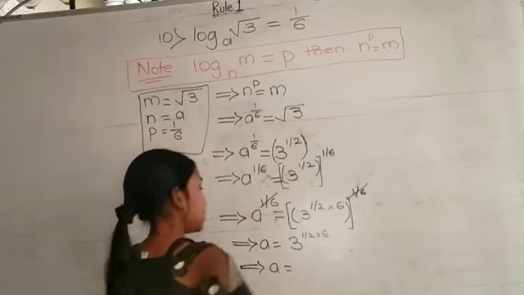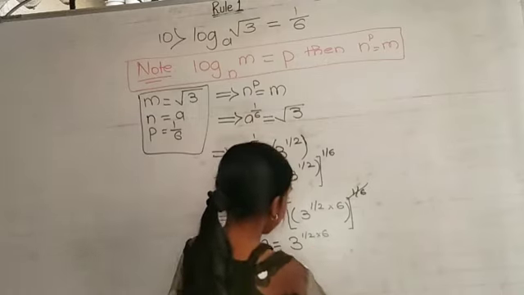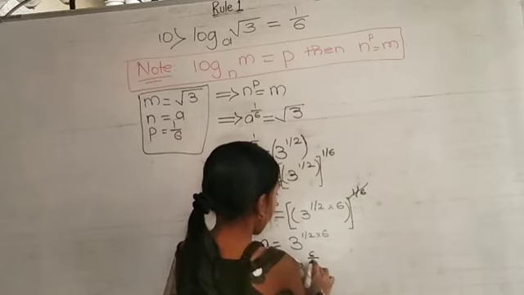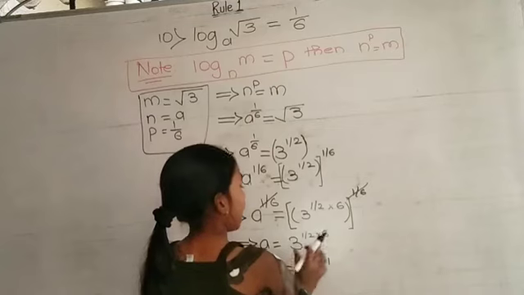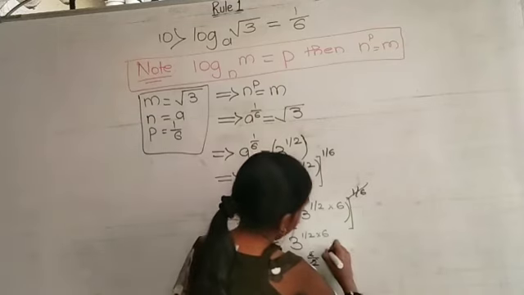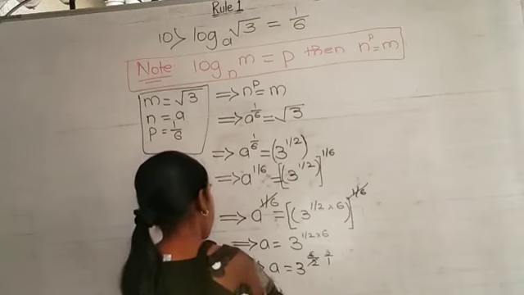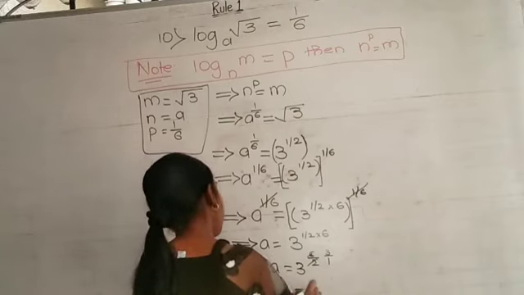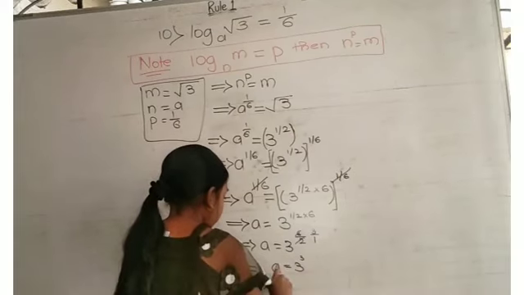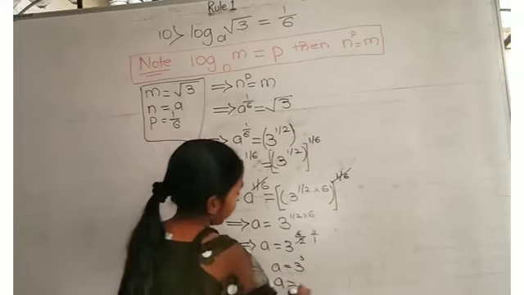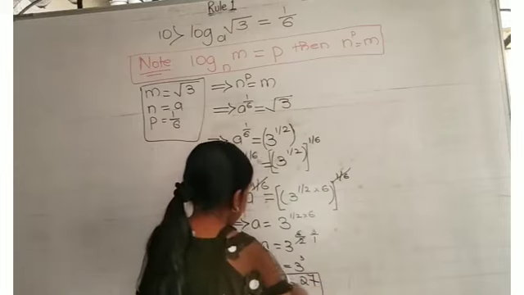So a is equal to, now when we multiply this, it will become 6 upon 2. Then this can be cancelled and the upper part will become 3. So 3 upon 1. A is equal to 3 raised to 3. So when we solve this, we get 27. The final answer for this question.